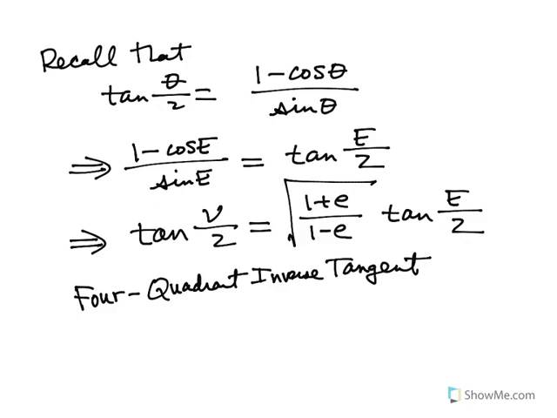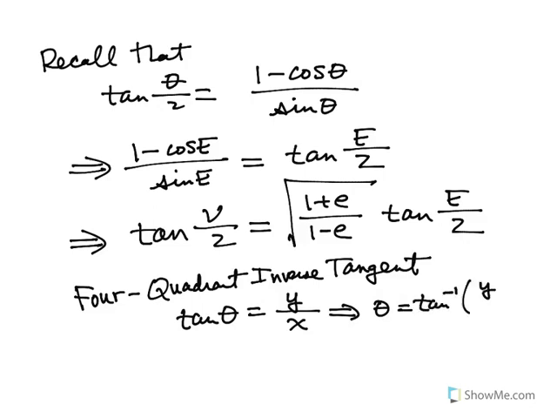So in a standard inverse tangent, if we say that tangent of theta equals y over x, I'm just using y and x generically, then this would give us theta is equal to the inverse tangent of y over x. But note that because the tangent function itself is only defined on negative pi over 2 to pi over 2, this would result in theta only being on negative pi over 2 to pi over 2.